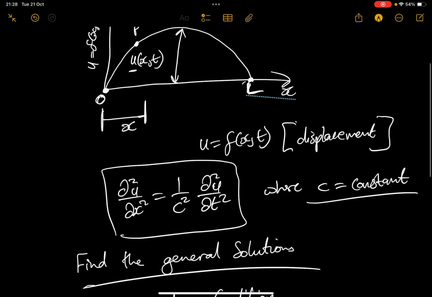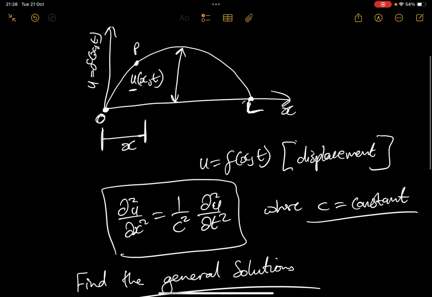Just as we said, the string is fixed between two points, and at these two points we can see that the displacement is 0, right?